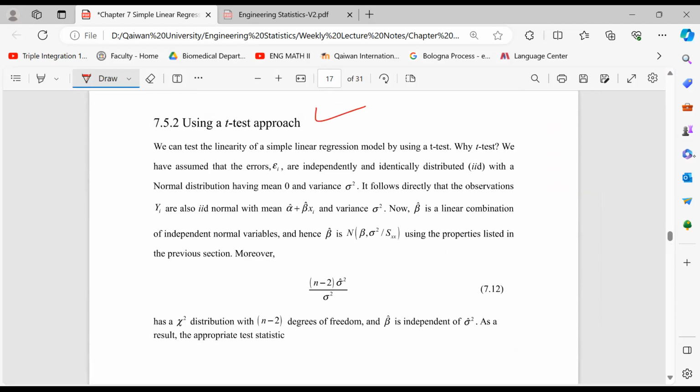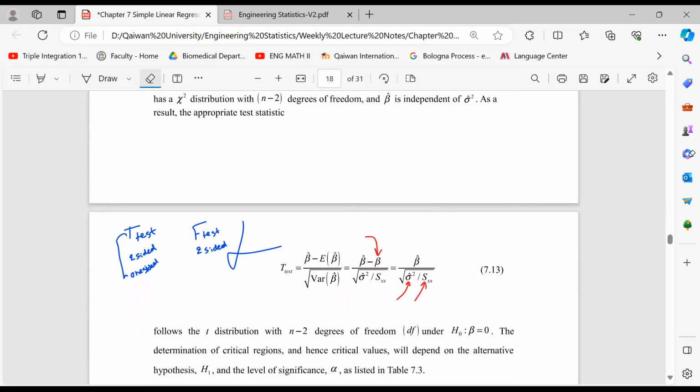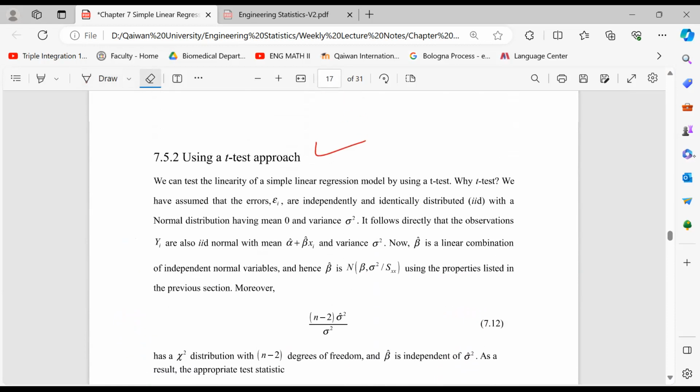We now have the t-test approach. We use t-test first. As I said, we have 2 tests, which are F-test and t-test.